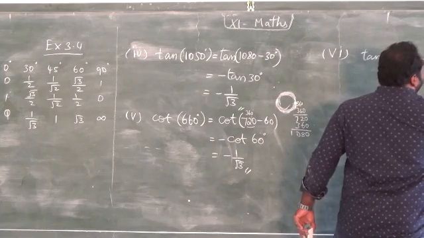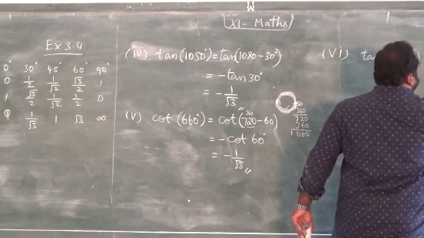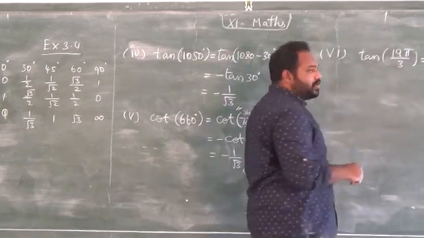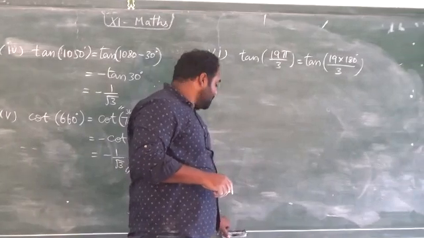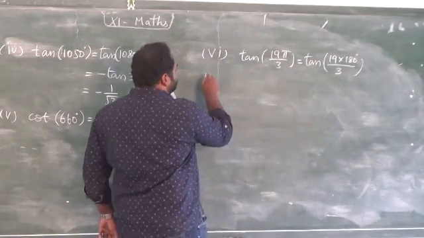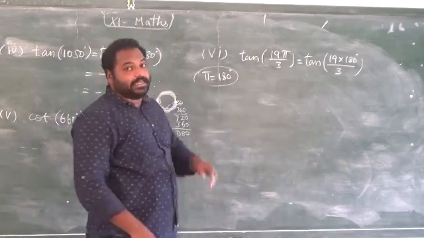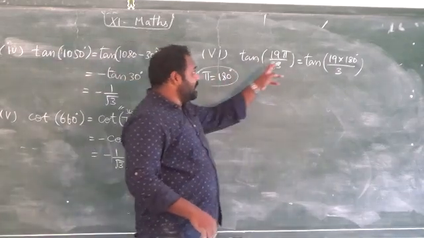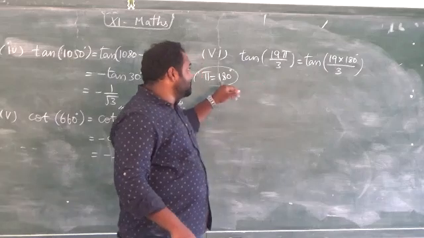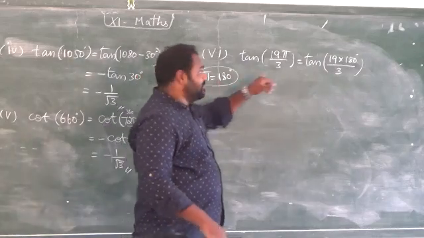Here don't write 22 by 7. Instead of pi, we can write 180 degree. Pi and 180 degree are both the same. So instead of pi I am writing 180 degree. Don't change it into 22 by 7 here.